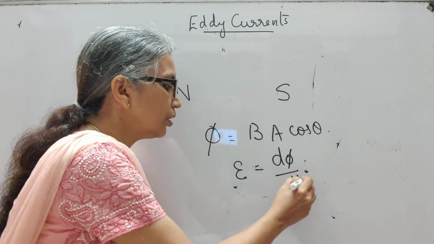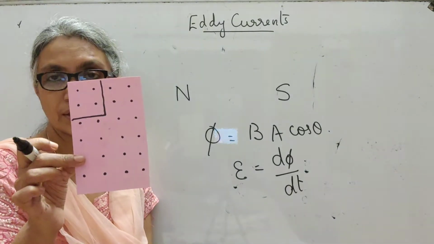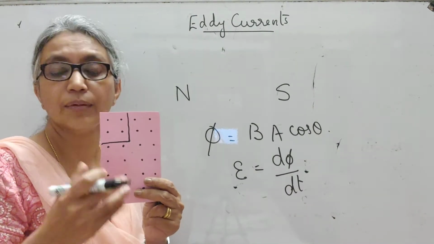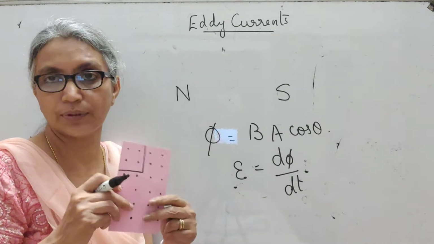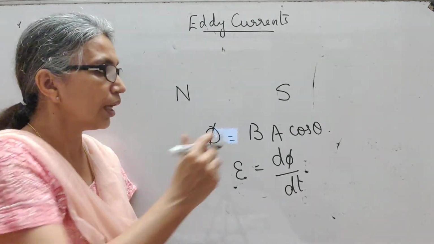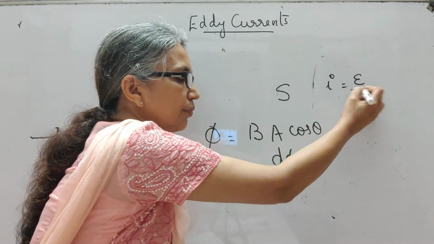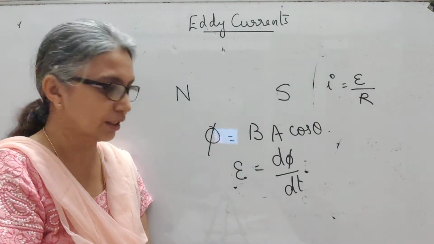That means the induced EMF is equal to the rate of change of flux through the coil. So it's not just how much the flux is changing, but the rate at which it is changing. The faster the rate of change, the greater the induced EMF. And the induced current in the coil or loop will be the induced EMF divided by the resistance of the coil, Ohm's law, I equal to V by R.